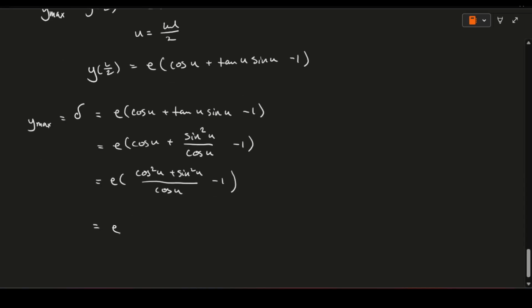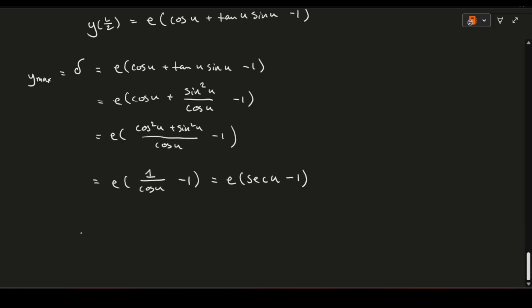So we get e times 1 over cosine u minus 1, and we can write this as e times the secant u minus 1. So the maximum deflection, call this delta, is equal to e times secant u minus 1.